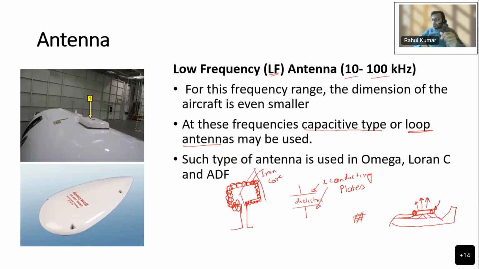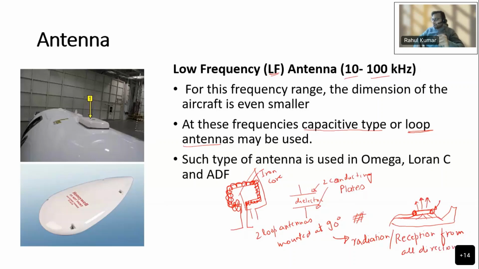You mount two loop antennas at 90 degrees to each other, and this will allow radiation or reception from all directions.